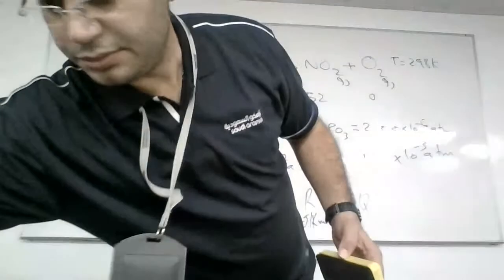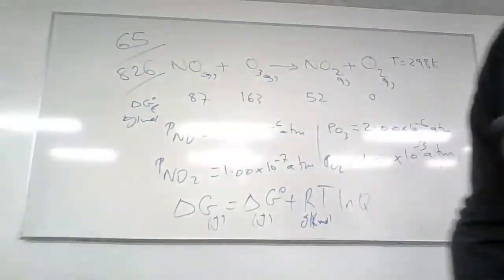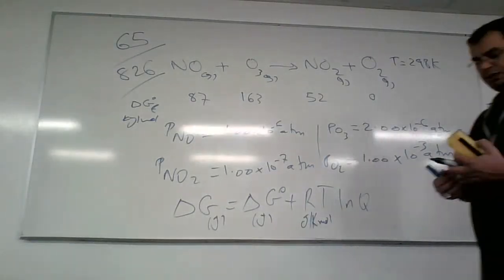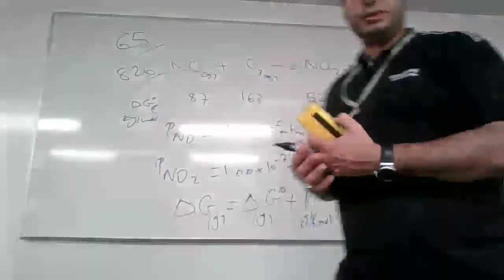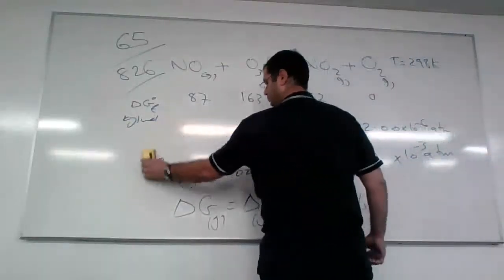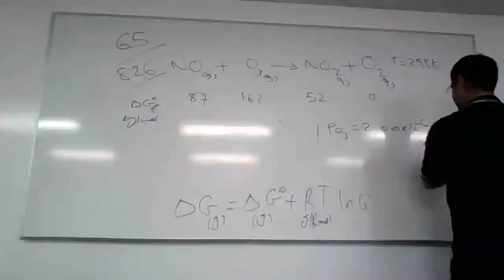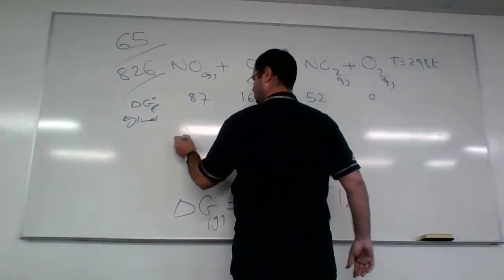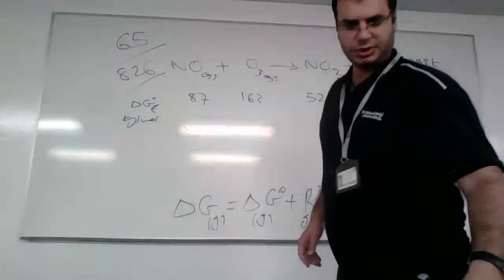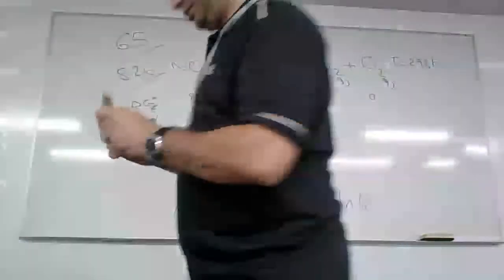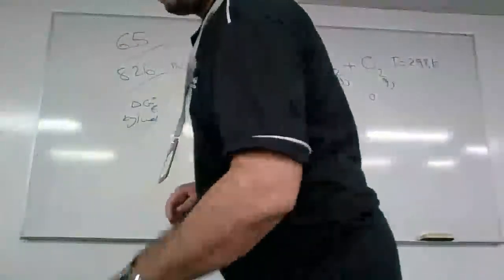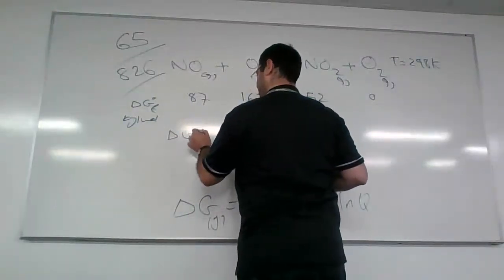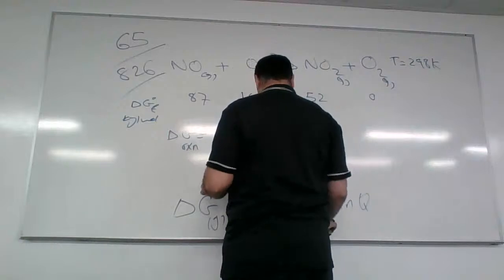So let's do this, guys. So delta G naught for the reaction is equal to what?